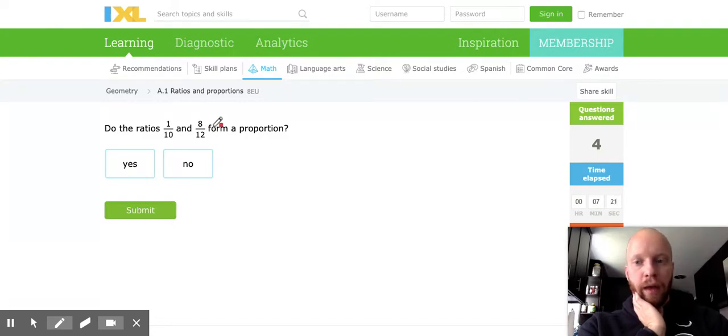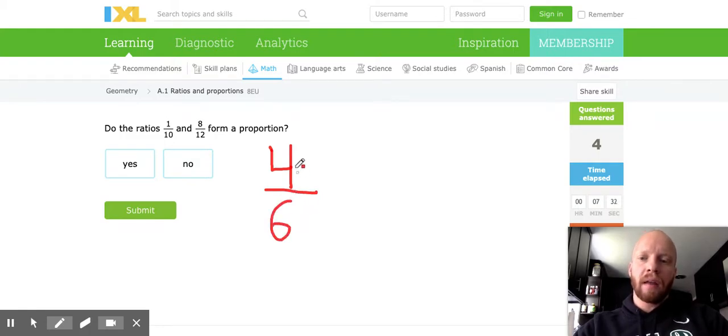So I could simplify. 8 divided by 2 will be 4, so I'm going to have 4 over, what's 12 divided by 2? 12 divided by 2 is 6, okay. But can't I simplify this further? Well, yeah, because 2 goes into both, right? So 4 divided by 2 is 2, and 6 divided by 2 is 3.